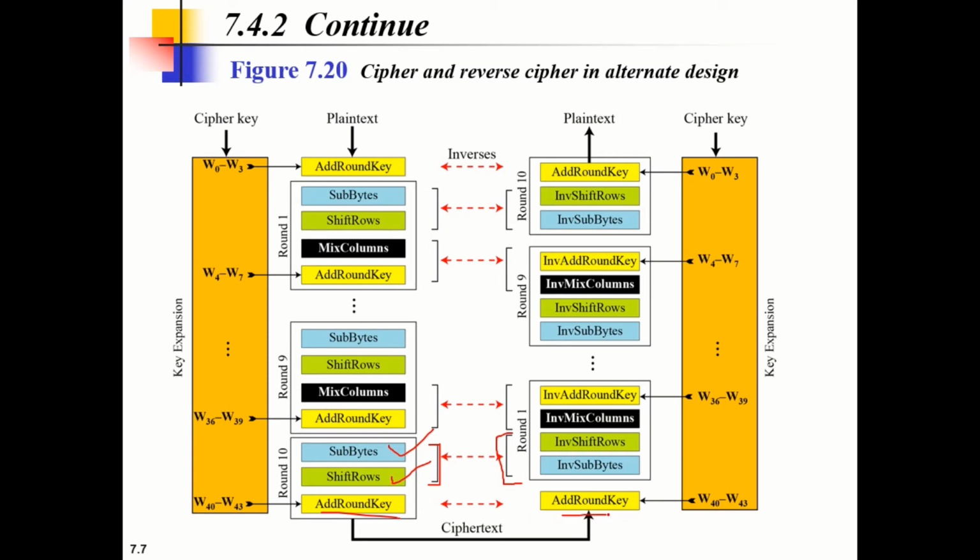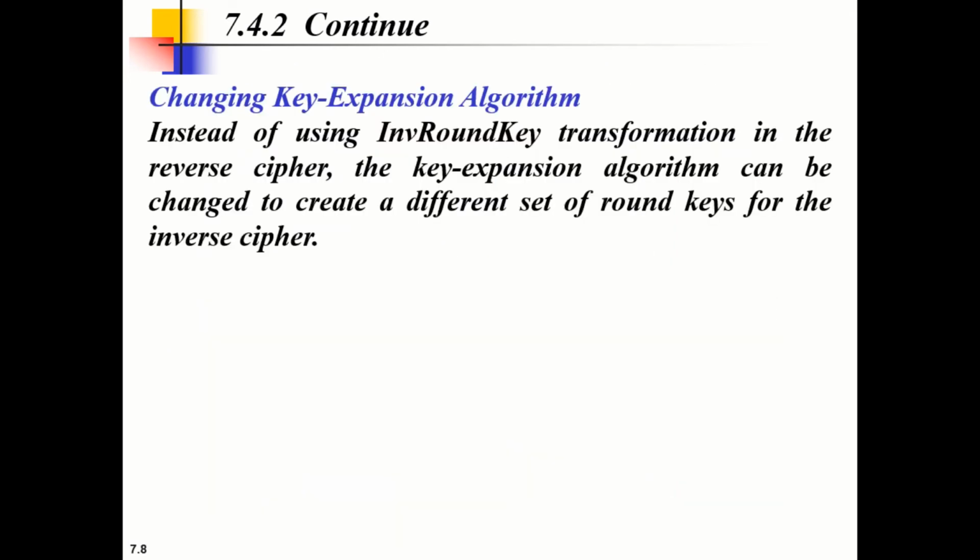Okay, so at the decrypting end also, first add round key, we will add the round key, then we'll perform the SubByte and then the ShiftRow. Okay, in the previous, original design, we used inverse ShiftRow first and then the inverse SubByte. So this process goes on for each and every round, right? So this is the alternate design of AES which we can follow.